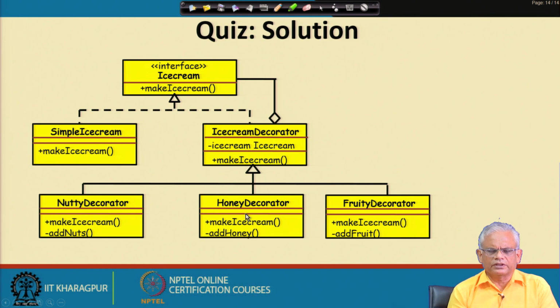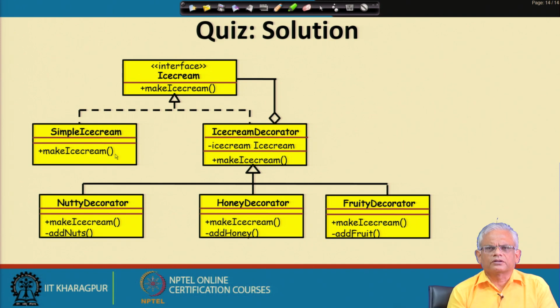These are the concrete decorators: the nutty decorator which will add nuts, the honey decorator, the fruity decorator, and so on. And each decorator can contain another decorator, a single decorator, or the concrete object which is the simple ice cream. So, this is the class structure for this example by applying the decorator pattern.